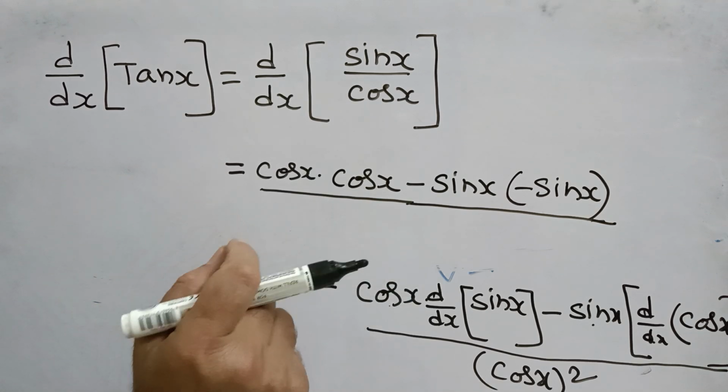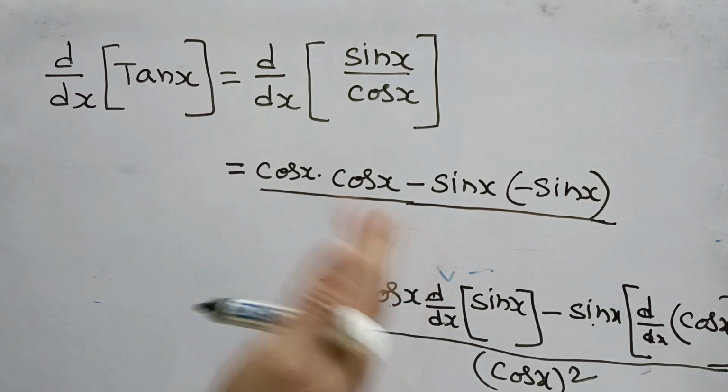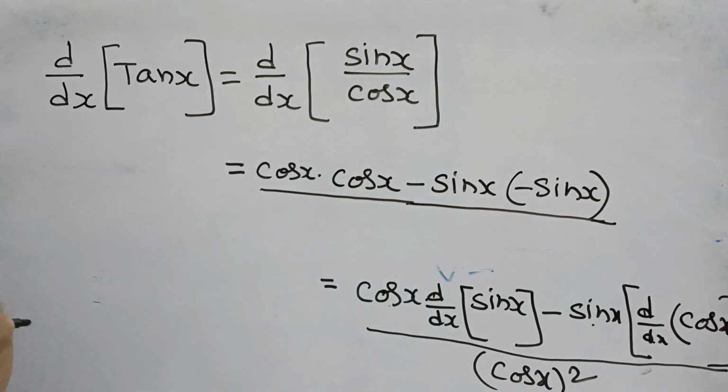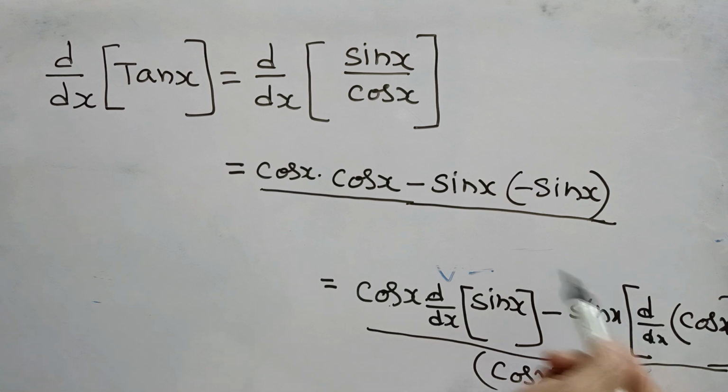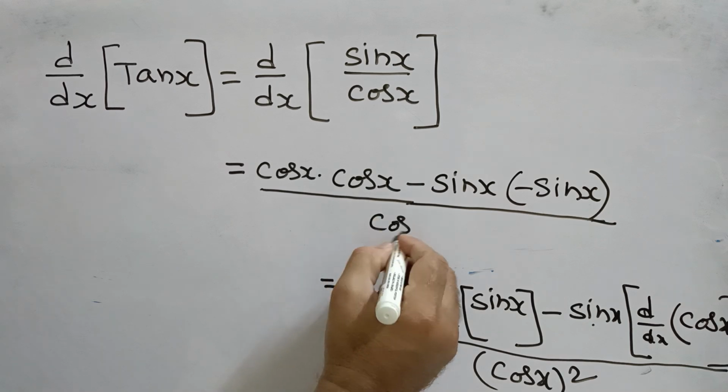If you put minus in place of plus, or plus in place of minus, you will get the wrong answer. Therefore, be very careful while substituting at each step. Then the denominator is cos x square.